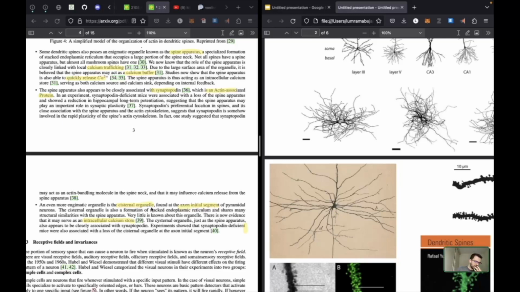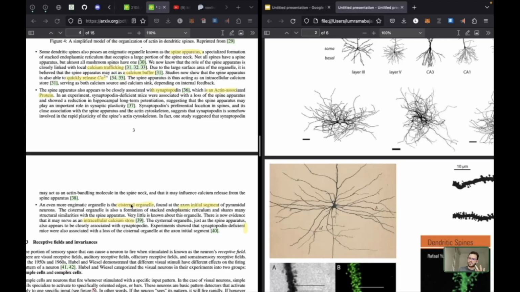And very interesting, there have been some studies, these two references here, number 39 and 40, that showed that if you knock out the genes for synaptopodin in neurons, they would also not be able to form spine apparatuses in their dendritic spines, and they would also not have this organelle within the axon.